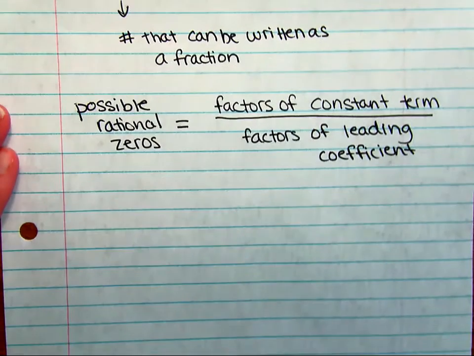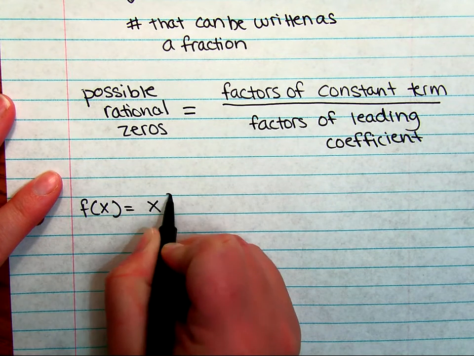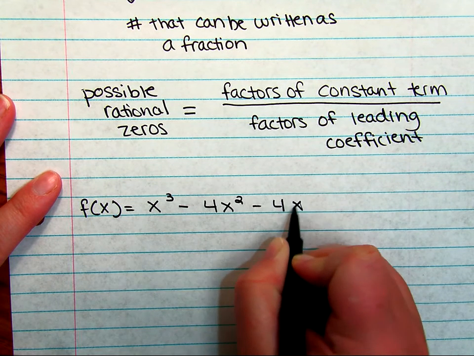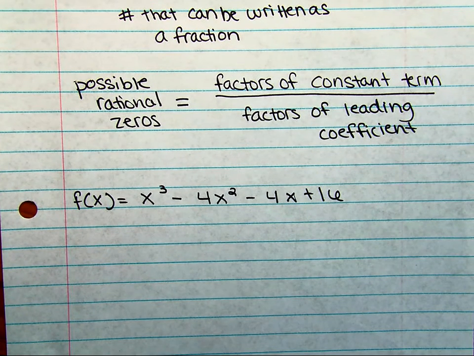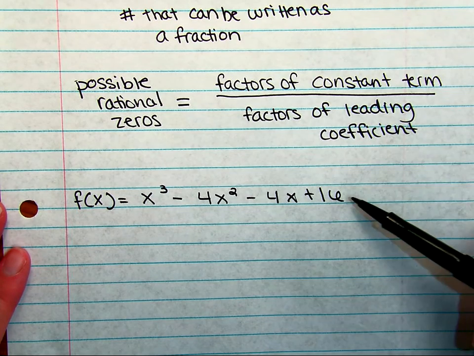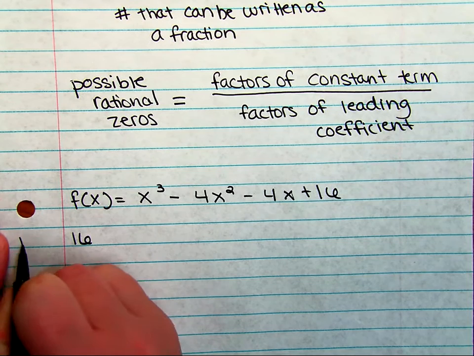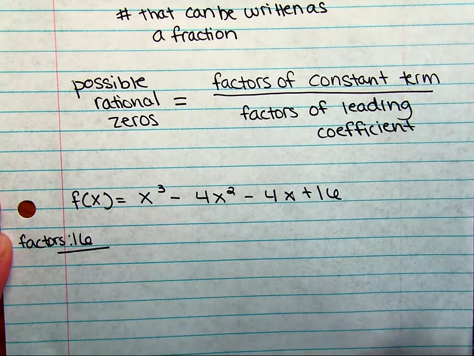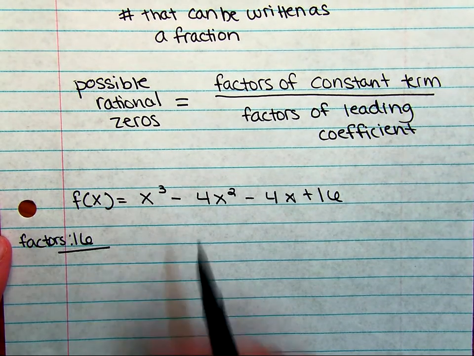So let's do two quick examples. And what this test is going to allow you to do is, again, eliminate some possibilities. So here's my polynomial. To list all the possible rational zeros, I want the factors of the constant term. Well, that's 16. So on the top, I need factors of 16 over the leading coefficient, that's x cubed, x to the third power, that'd be 1.